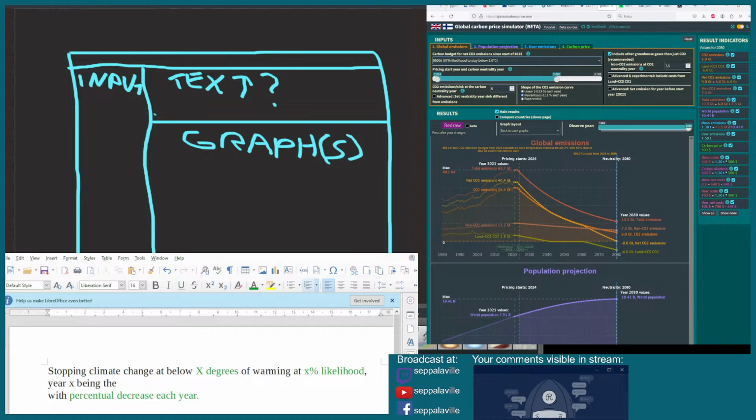So the neutrality year, so climate neutrality year, so warming stops.